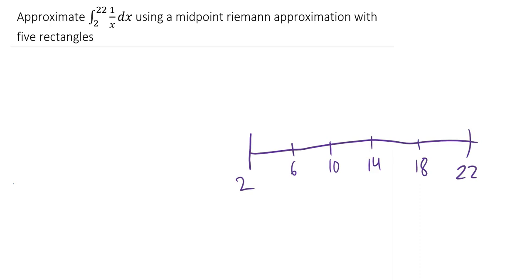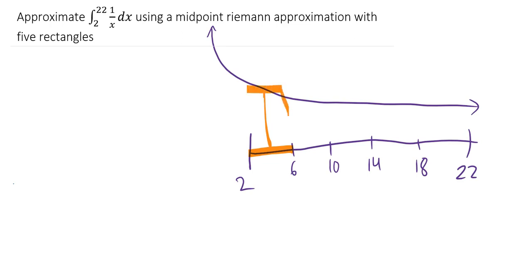I'm doing the area under the graph of 1 over x. My first rectangle goes from 2 to 6, and it has a height determined by whatever f of 4 is. Then I've got a rectangle that goes from 6 to 10, and its height is whatever f of 8 is.